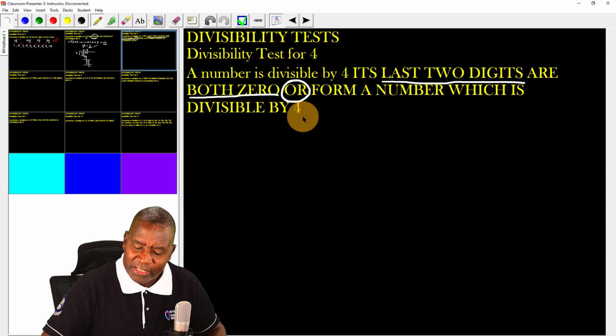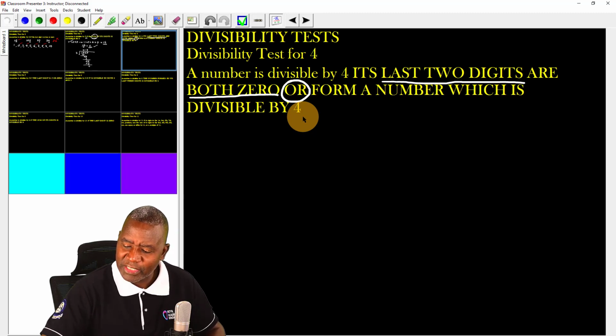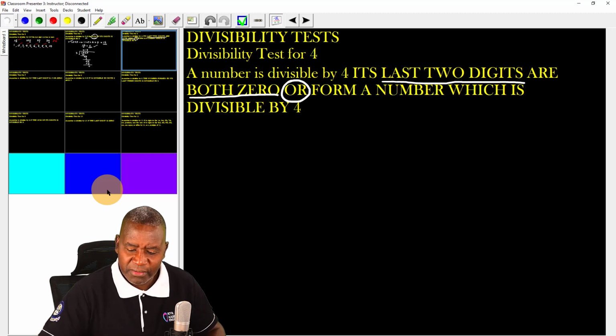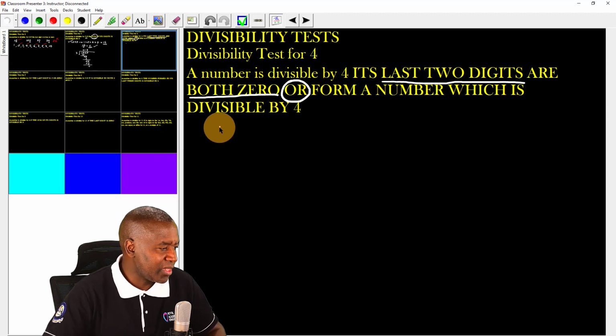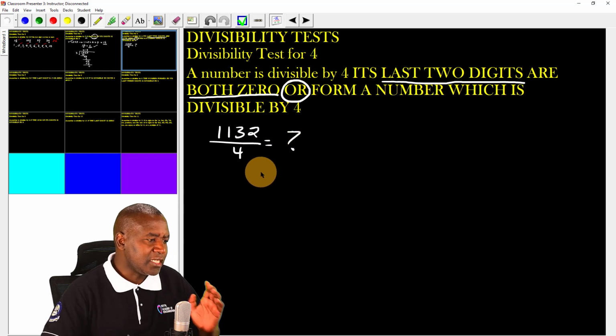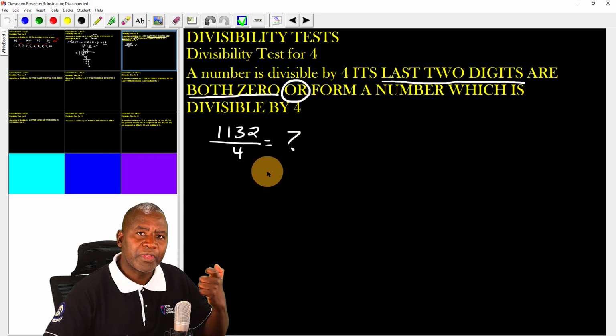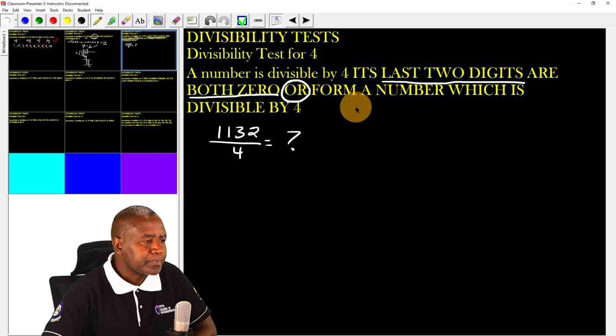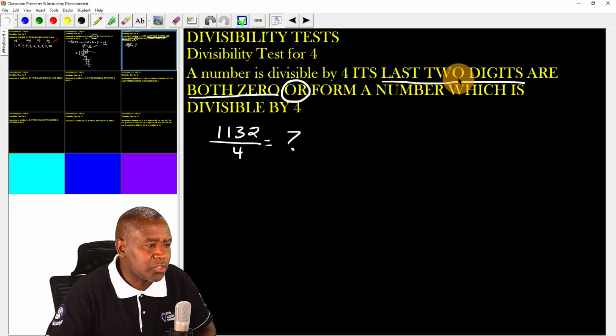Let's have a look at an example again in our textbook. We've got the divisibility test for 4, with the example of 1132. We want to test whether 1132 is divisible by 4 exactly. Let's look at the last two digits.